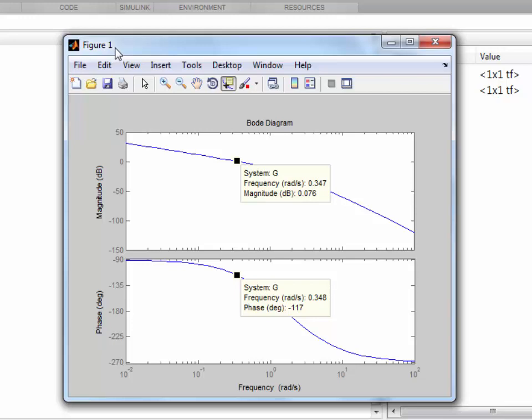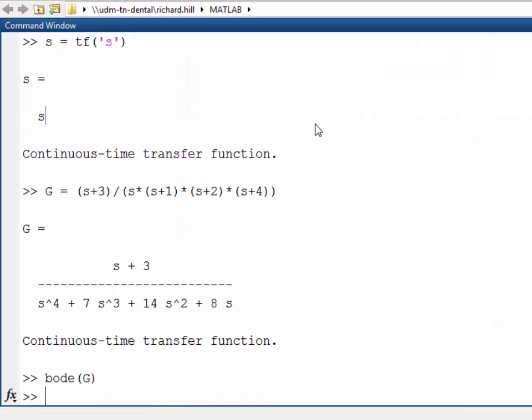We can also see the effect of adding a gain to our system. So we recalled that when we add a simple gain or change the loop gain to our Bode plot, it should shift the magnitude plot upwards, but it should keep the phase plot identically the same.